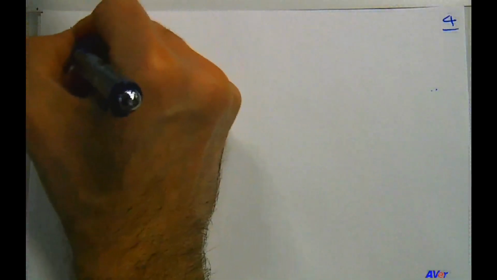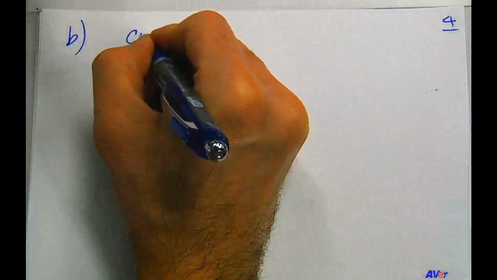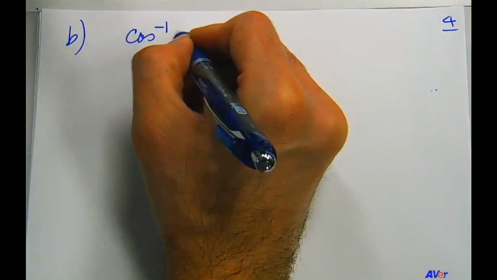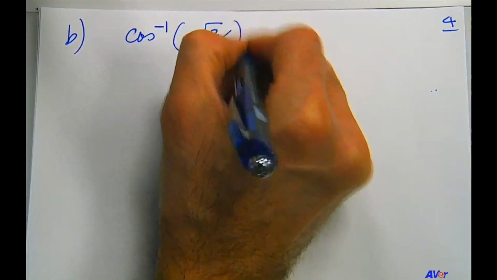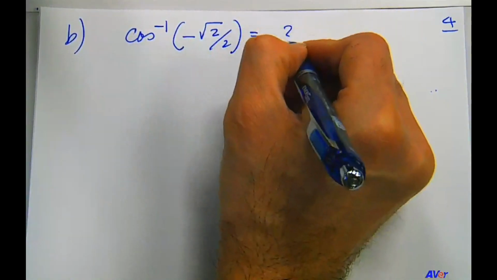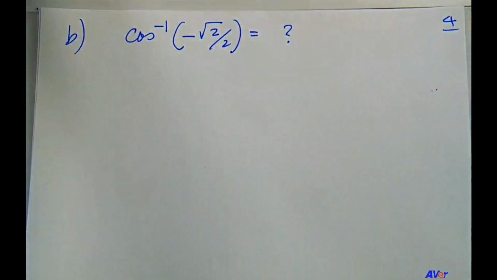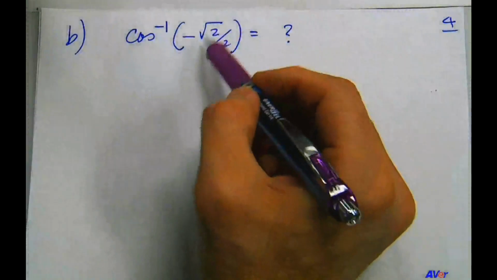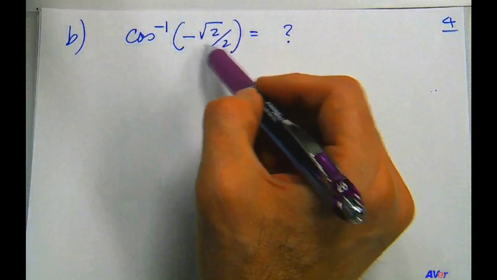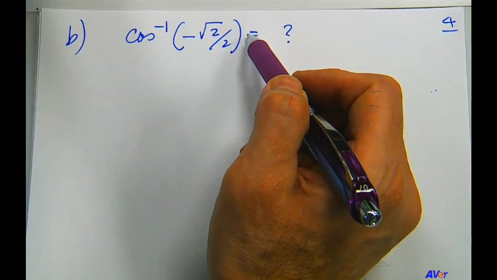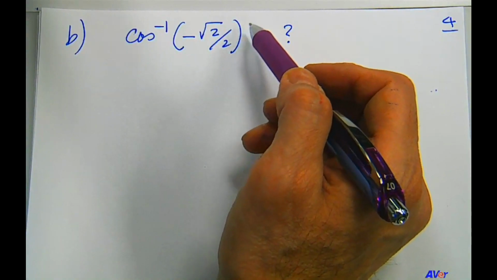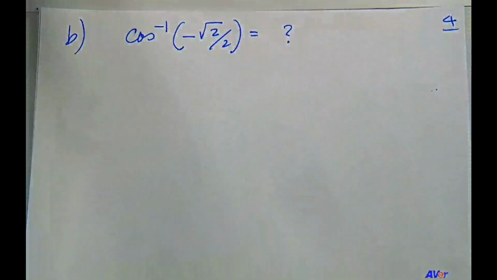Suppose now we want to calculate this value, inverse cosine of negative square root of 2 over 2 equaling that. So we want to find the value for the question mark. This is my favorite because the reference angle, you know, is going to be pi over 4.